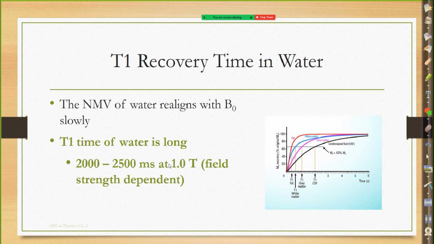At 1 Tesla, because remember all these tissues are field strength dependent, it takes between 2,000 and 2,500 milliseconds to hit that 63% threshold. So it realigns with B sub 0 slowly compared to fat.